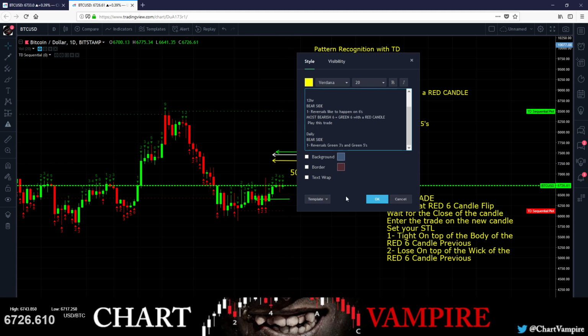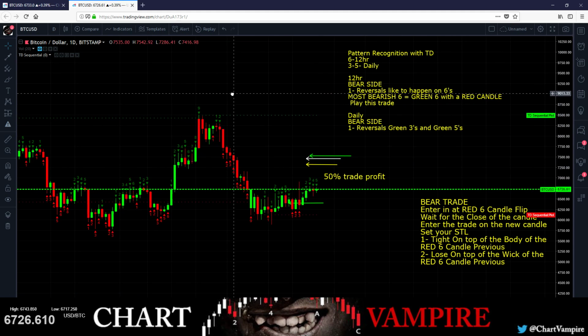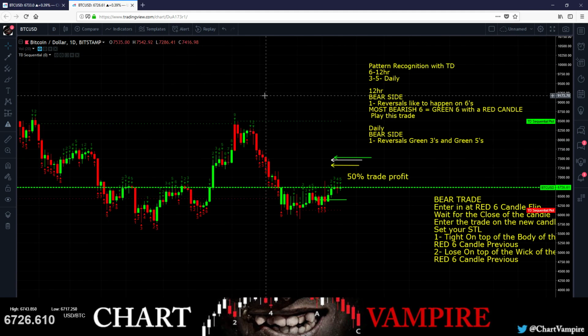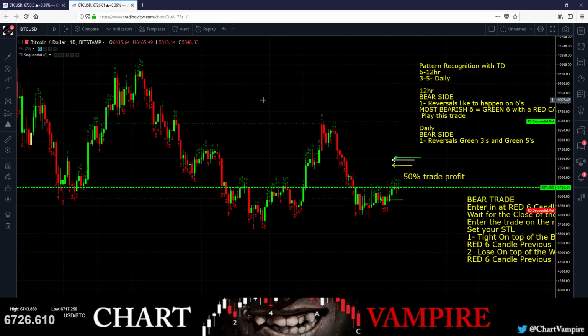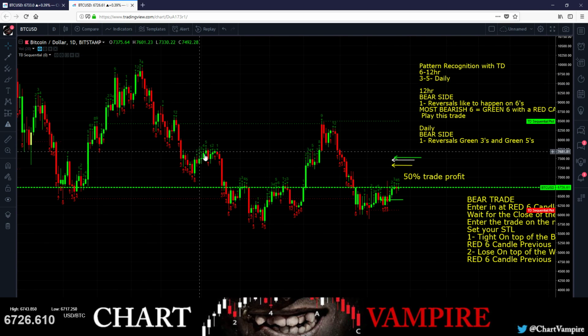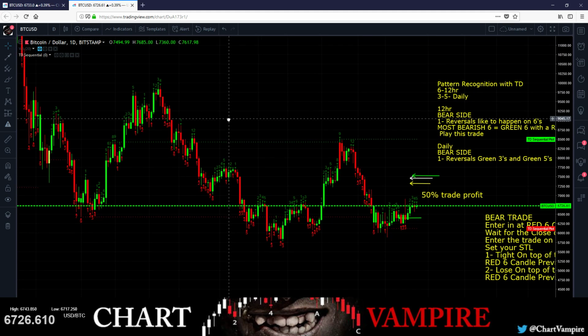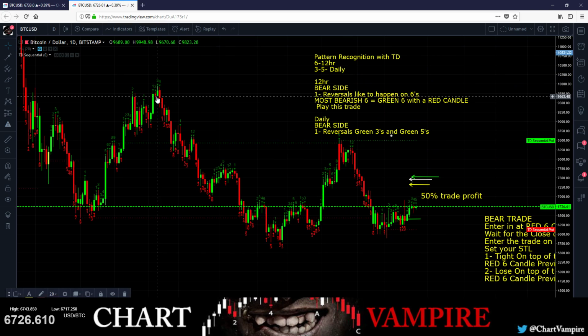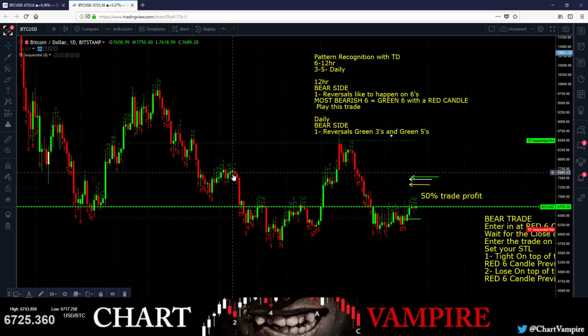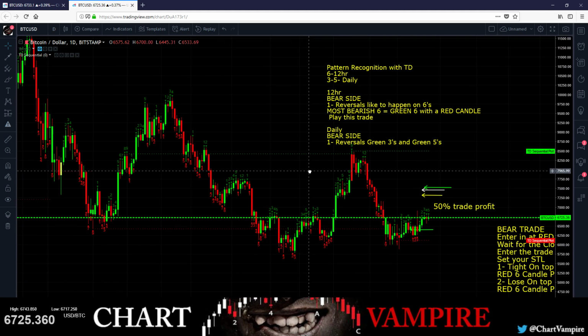So it likes green 3s and green 5s, but what color candle does it like when it does reverse? It seems like it likes to reverse on a green candle. All right, so let's go back up here. Green 5, big reversal. Green 3, big reversal. Green 3, big reversal.